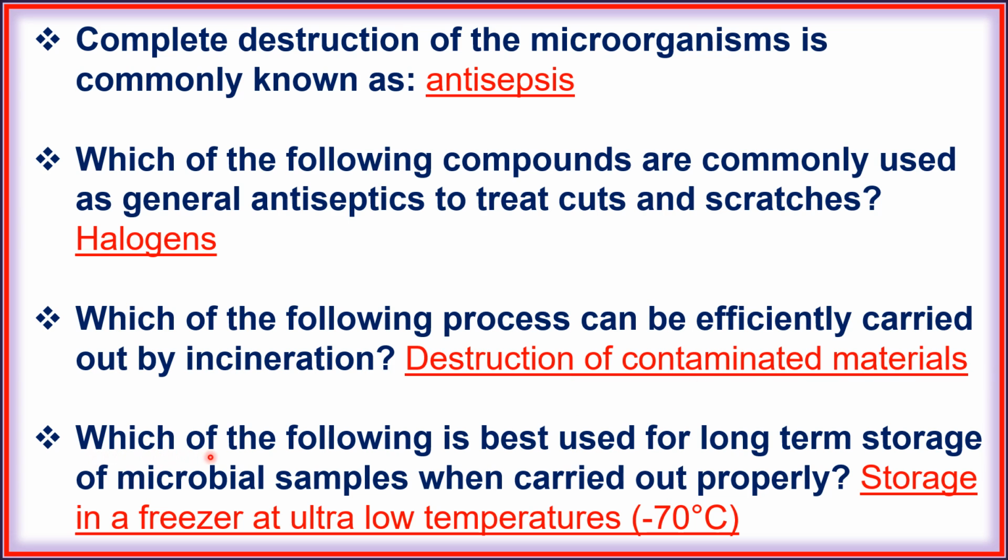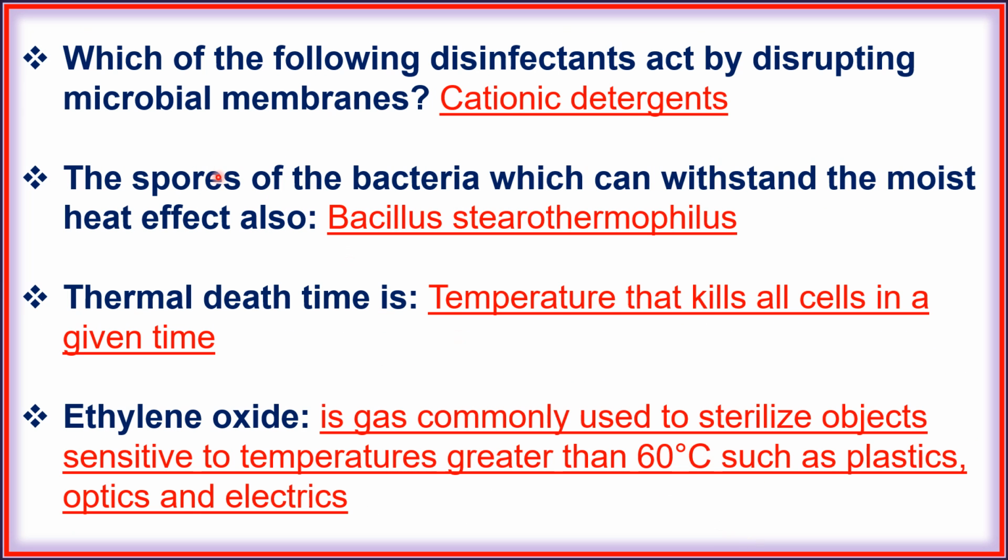Next, which of the following is best used for long-term storage of microbial samples when carried out properly? That is storage in a freezer at ultra low temperature, -70 degrees centigrade. Next, which of the following disinfectants act by disrupting microbial membranes?